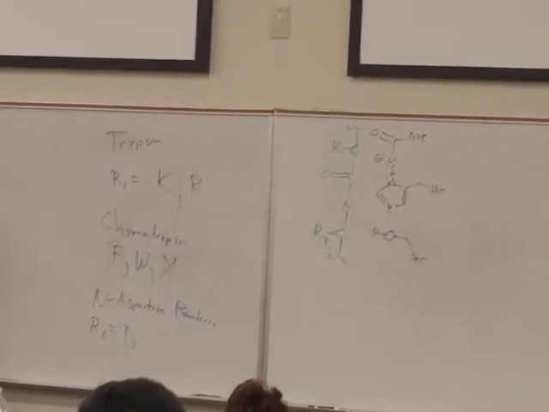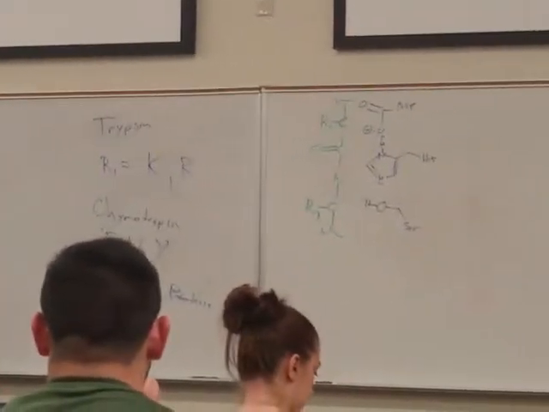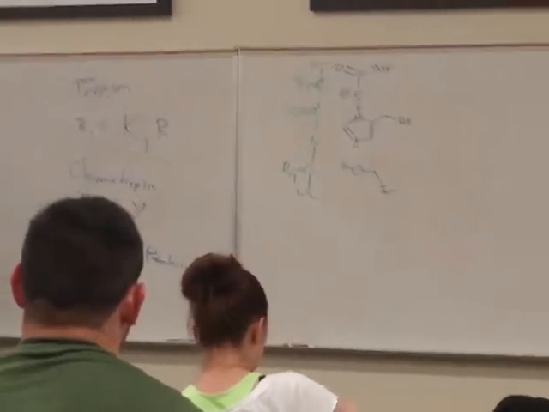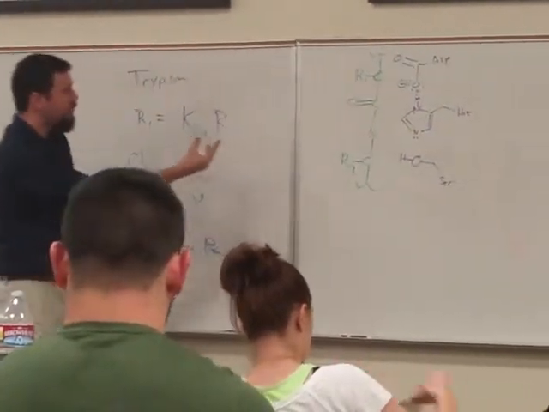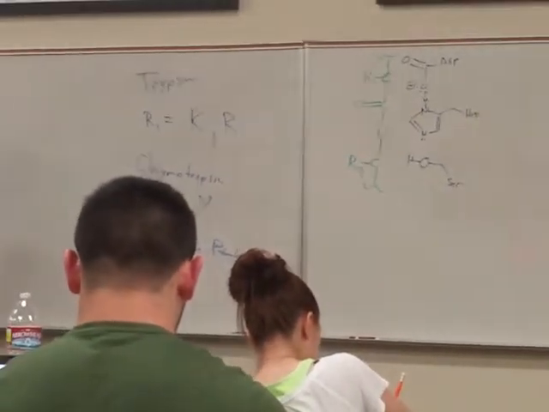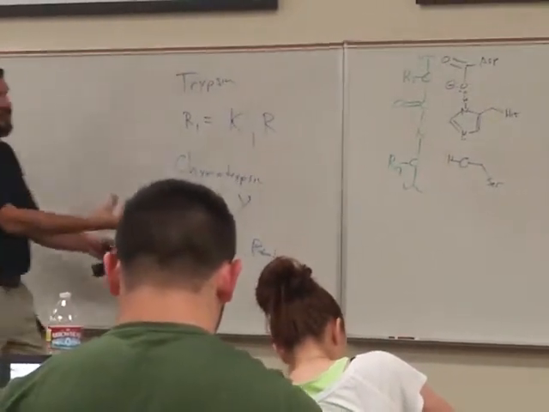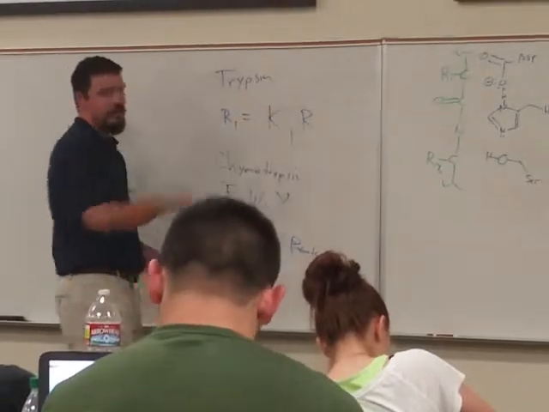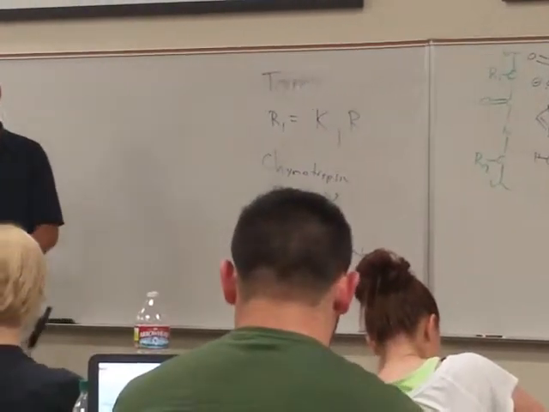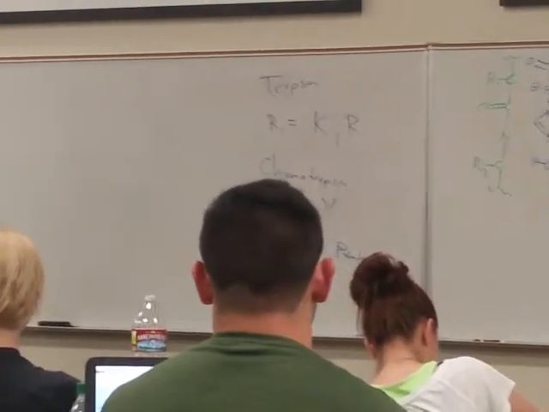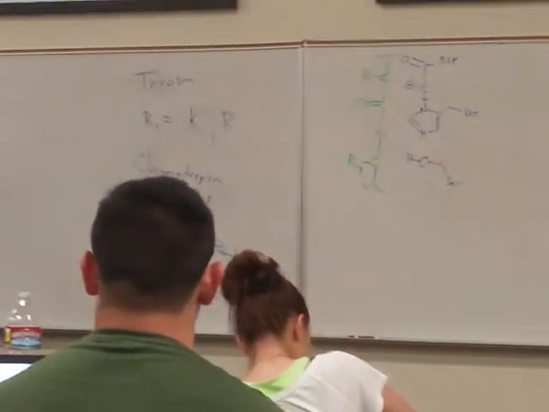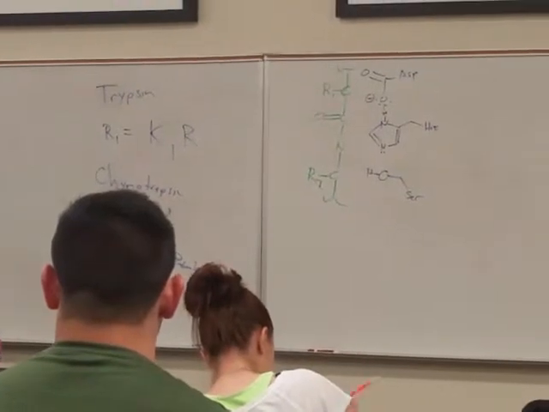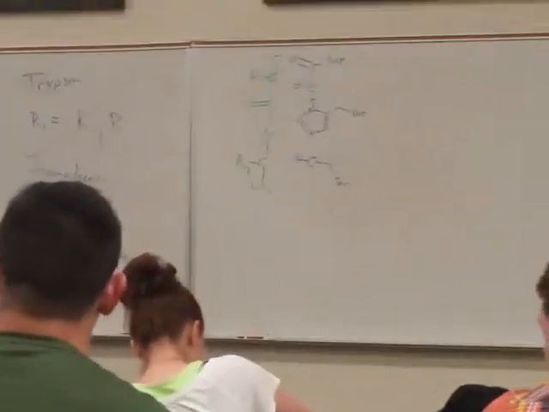And if I could just take a step back, how does that work? If I could ask you a question, why do they do the same cutting? What is it about that specificity pocket that allows it to only cut after these residues? Who has an answer to that? Yeah, it's the binding affinity, right? The enzyme uses binding affinity to help lower the activation energy.